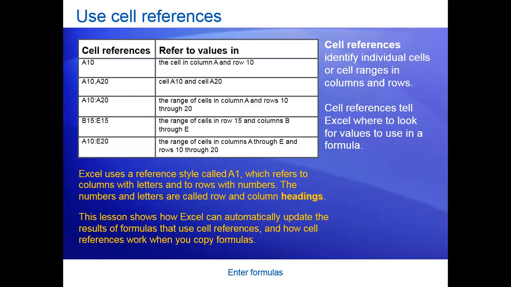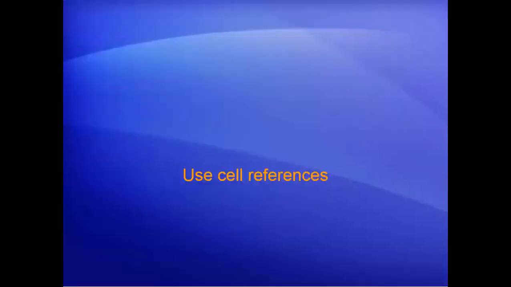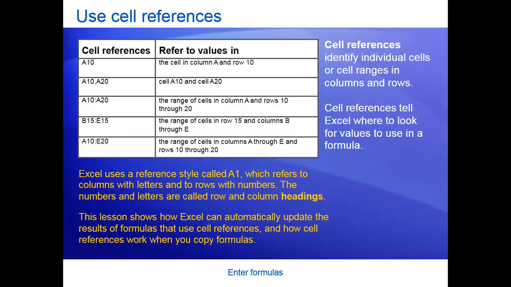Cell reference is an example, yung A10 refers to values in the cell in column A and row 10. Yun yung ibig sabihin ng A10. Yung A10 and A20, cell A10 and cell A20. Yan. So pag may column naman, the range of cells in column A and rows 10 through 20. Yan.